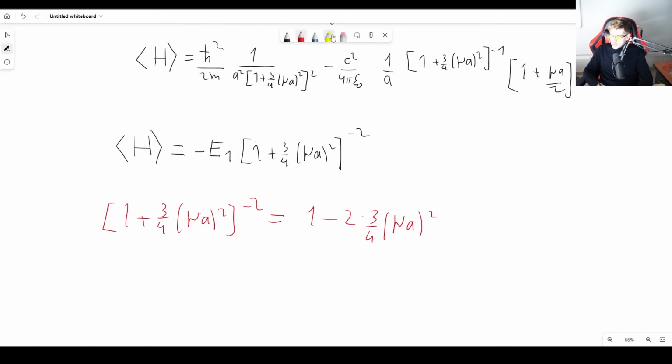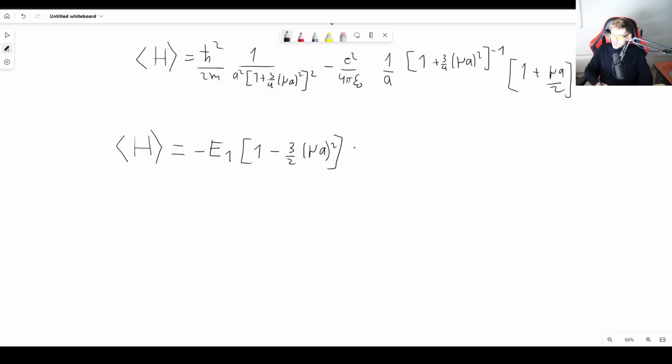And well, this and any higher order terms are way too small, right? So we stop here. So this thing right here we can rewrite as now 1 minus 3 over 2 mu a squared. And now we can move on to the next part.